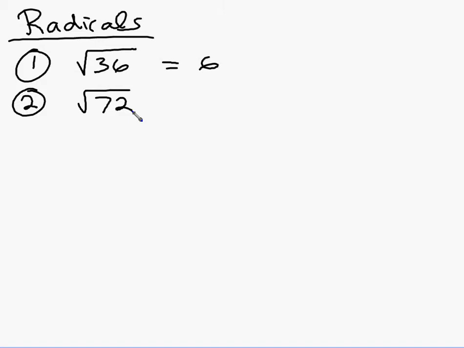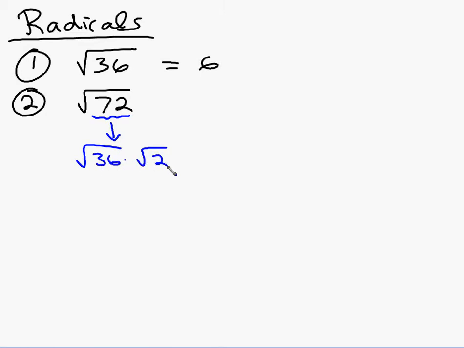We look within this number, 72, for a perfect square. So you look down the x squared column, and do you see a number there that is inside 72? What is it? Wouldn't it be 36? Isn't 36 times 2 72? See, we can write this as the square root of 36 times the square root of 2.